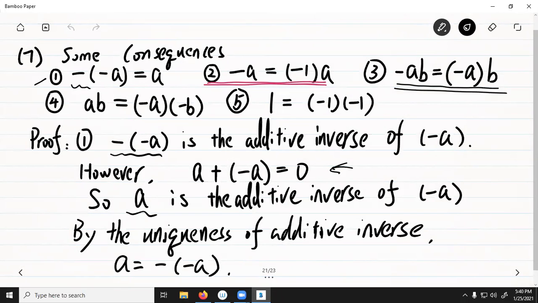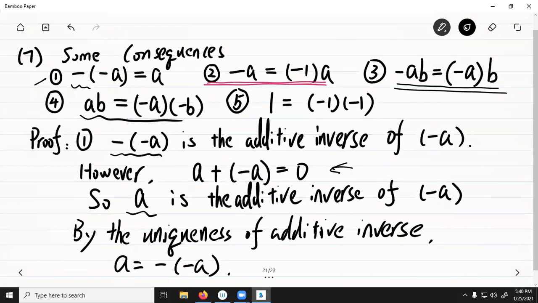The first result we have has two negative signs, right? So we may want to try using the first result to get the fourth one. Because you see, on the left side there is no negative sign, but on the right side there are two negative signs, right? Okay, maybe we can try this one.